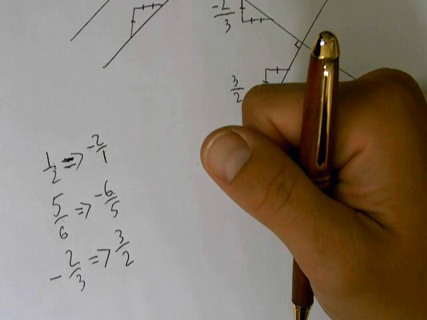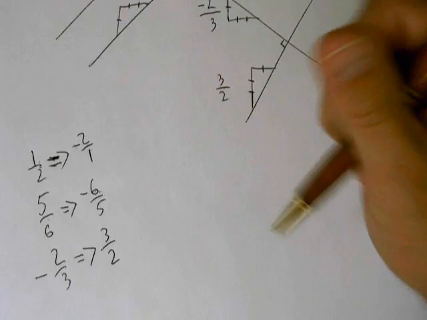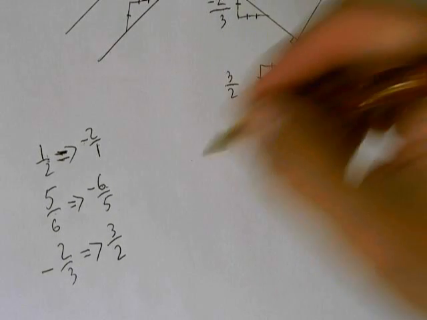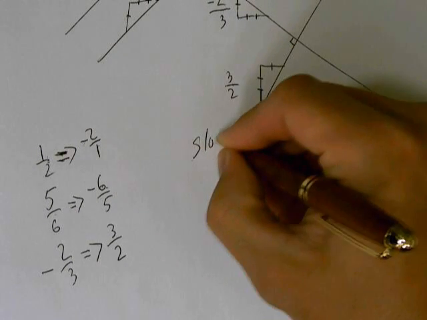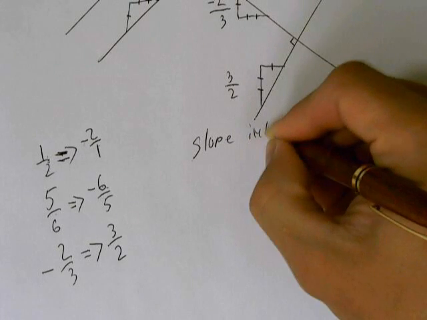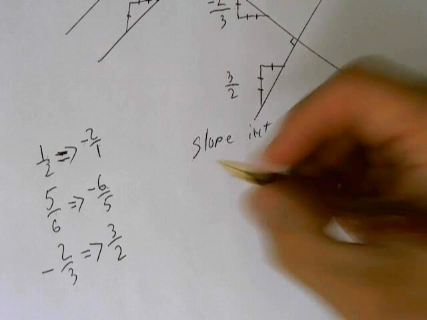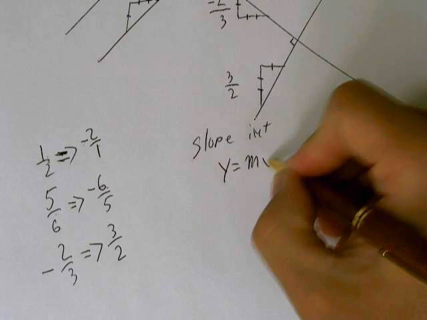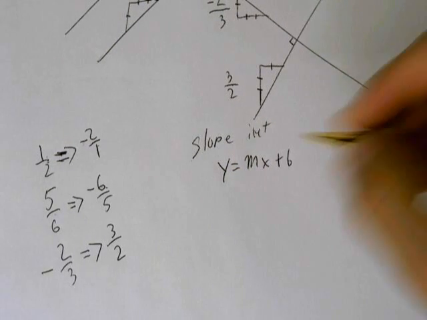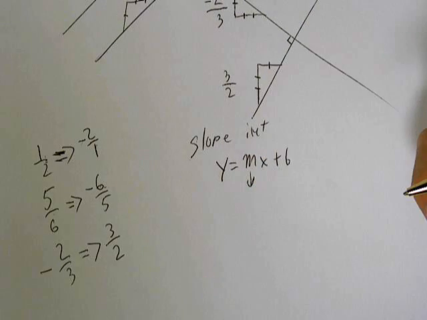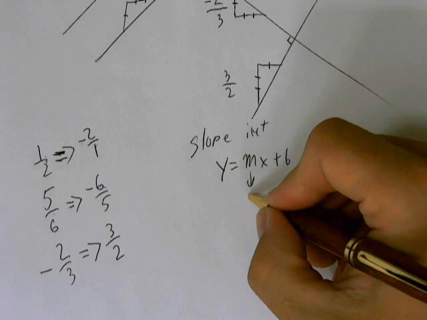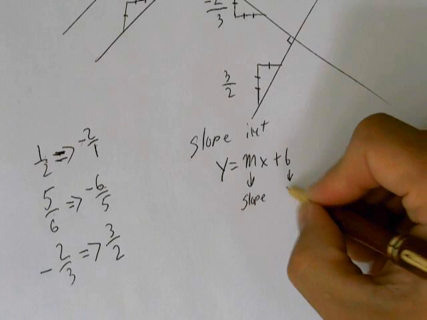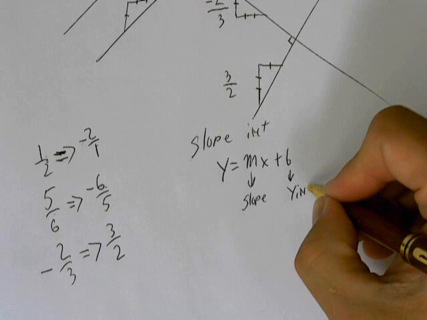Another thing that we need to look at is some of the forms for writing equations. One of them is slope-intercept. The basic formula for slope-intercept is y equals mx plus b, where m is the slope and b is the y-intercept.